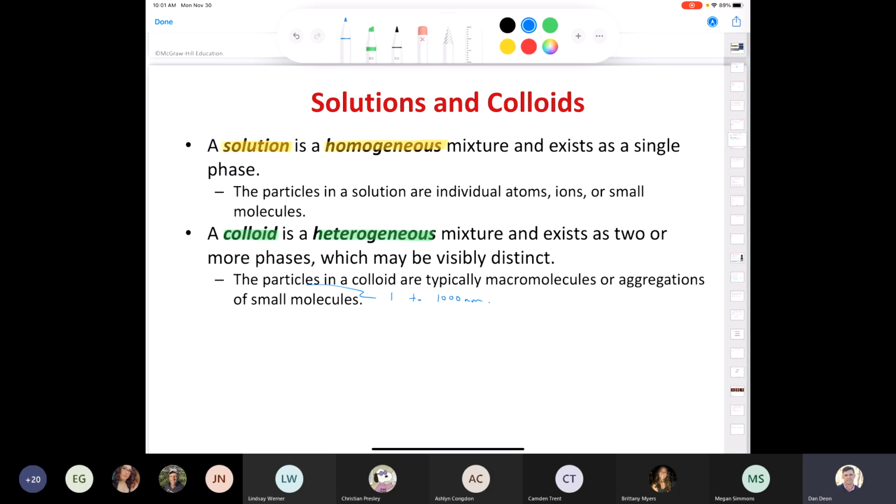We get a colloid because the solute particles are larger than simple molecules, but they're too small to settle out at the bottom. The particles in a colloid are smaller than those in a suspension, but larger than those in a solution. So they're in this area in between. Particles in a solution are typically smaller than 1 nanometer, and particles in a suspension are typically greater than 1,000 nanometers.